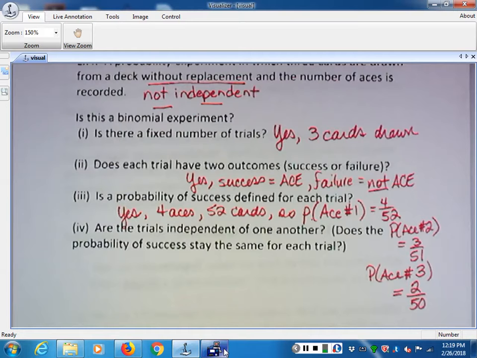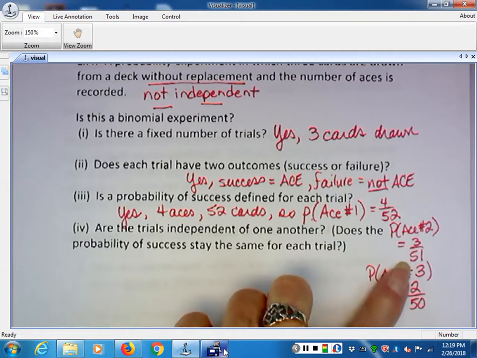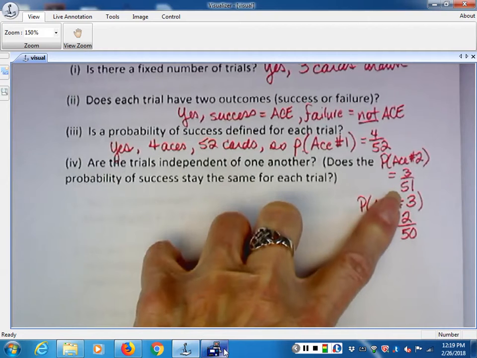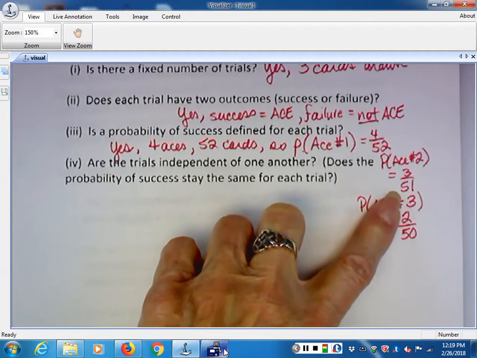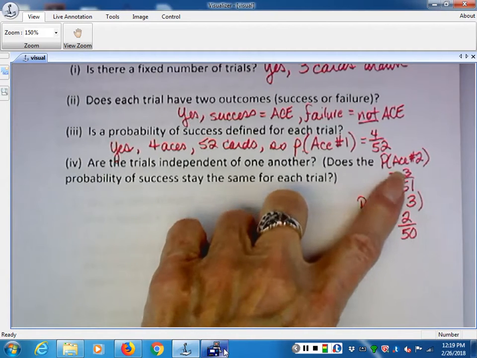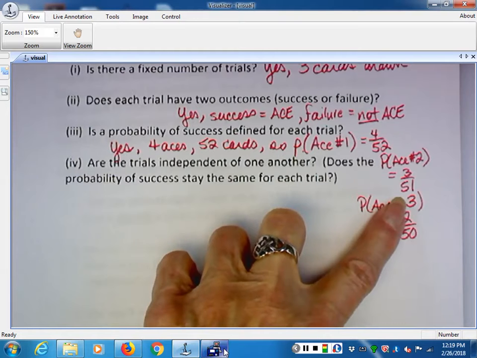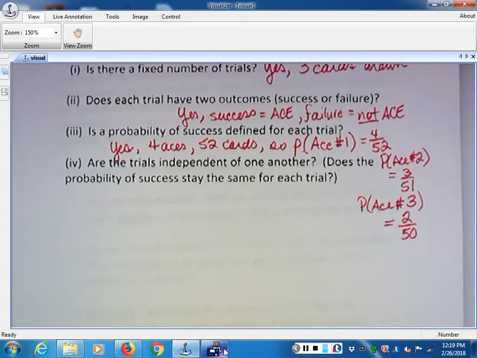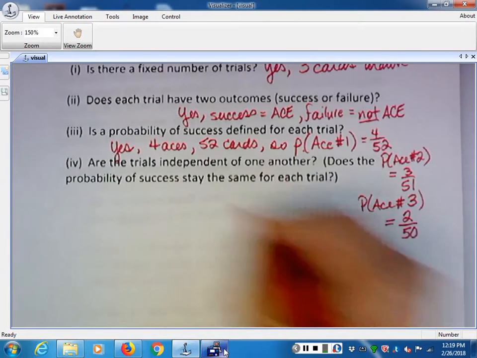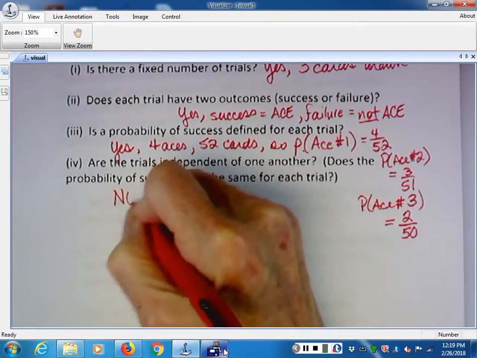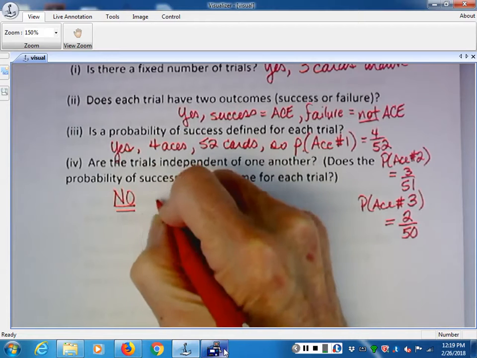Even if you didn't get an ace on the first card, this still changes because whatever you had out on the first card, that is still going to reduce the number in your deck by 1. There might still be 4 aces in there, but there was only 51 cards left in that deck. So are the trials independent? No.